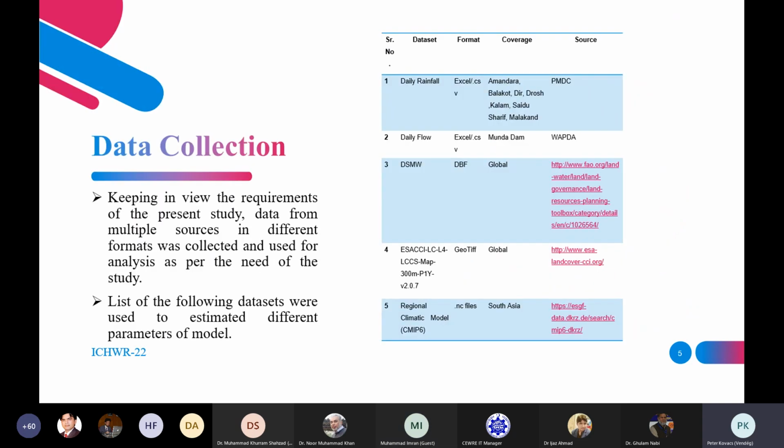for the calculation of snow melt and its impact on hydrological simulations. Data collection. Keeping in view the requirements of the present study, data from multiple sources in different formats was collected and used for analysis as per the need of the study. The following data sets were used to estimate different parameters of models.